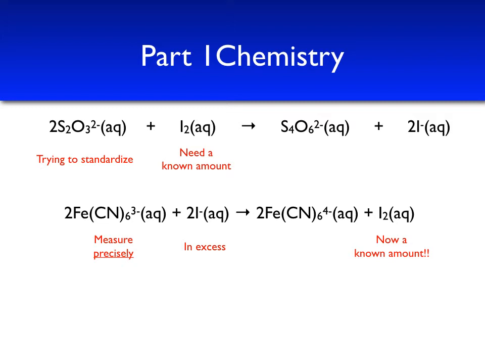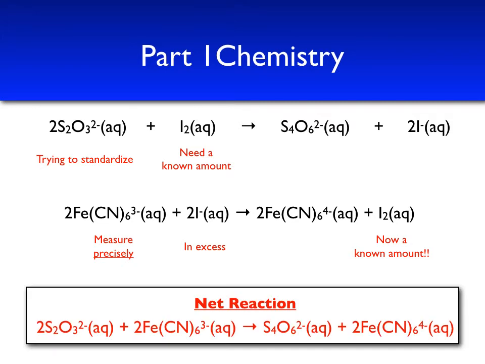Now we titrate our solution with sodium thiosulfate, which will react with the formed I2 until we reach our endpoint. To make things easier, we'll take the sum of these two reactions to get our final net reaction between the thiosulfate ion and the ferricyanide ion to form S4O6 2- and potassium ferrocyanide.